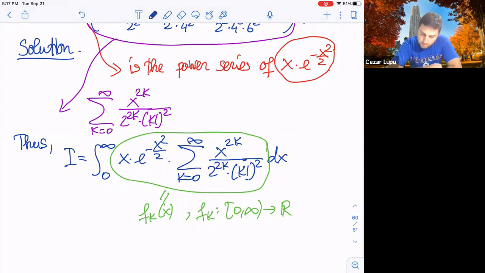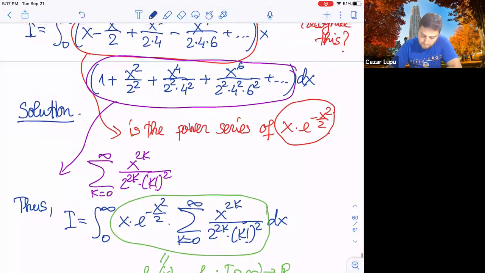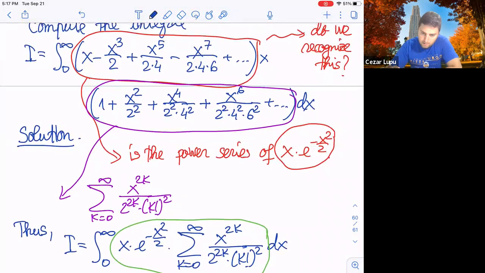So this will converge to a function. Okay.